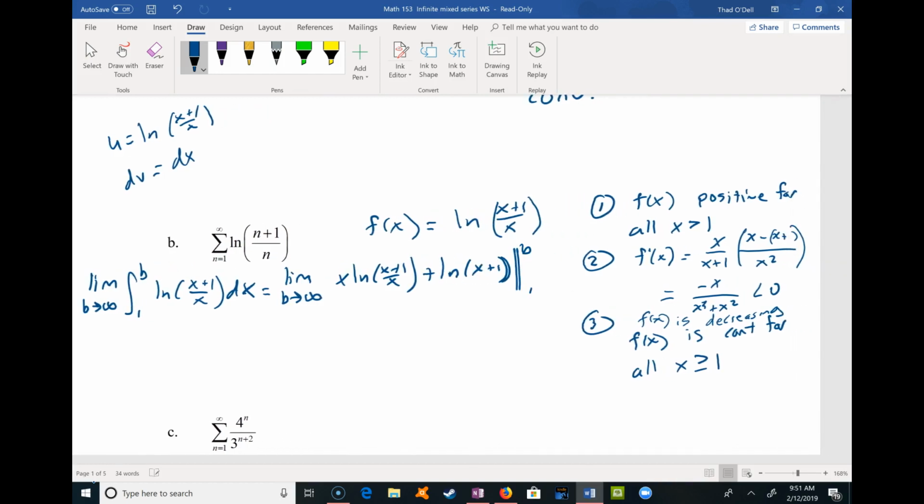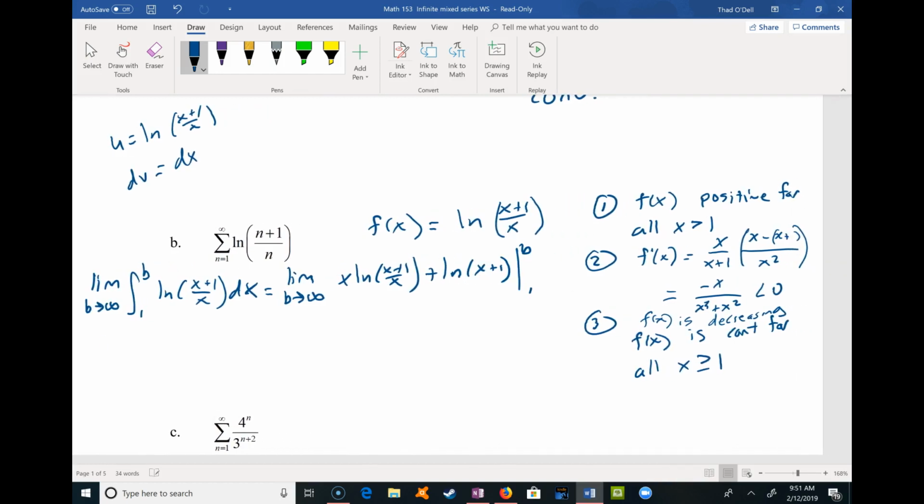Okay, so then we plug in our numbers. So that would be the limit as b approaches infinity of b times the natural log of b plus 1 over b, plus the natural log of b plus 1, minus 1 times the natural log of 2 over 1, which would just be 2, plus, oh no, that'd be minus also, minus the natural log of 2.